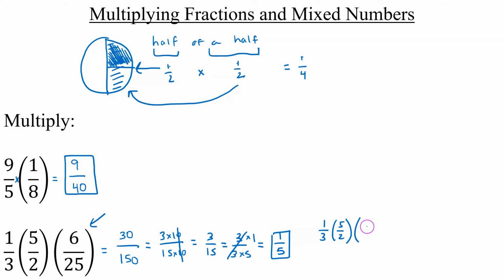But 6 over 25, 6 is the same thing as 2 times 3. And 25 is the same thing as 5 times 5. So when we break up 6/25 to look like this, you see we can start canceling things. There's a 2 that cancels, 3 that cancels, a 5 that cancels, and all we're left with on the top is a 1, and all that's left on the bottom is a 5, and we get 1/5.